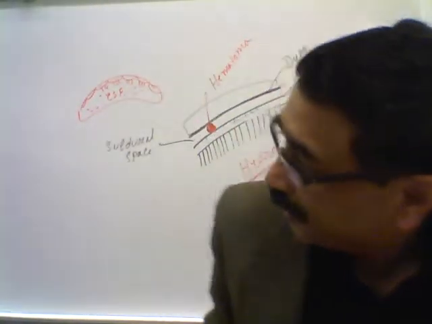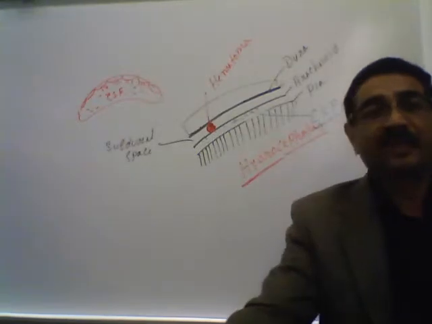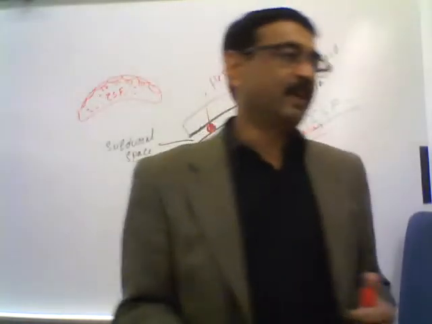Why does that happen? In most cases, what happens? A tumor around the ventricles causes the hydrocephalus. For example, you see here, if any tumor grows here, what will the tumor do? It will press on the interventricular foramen and close this channel.